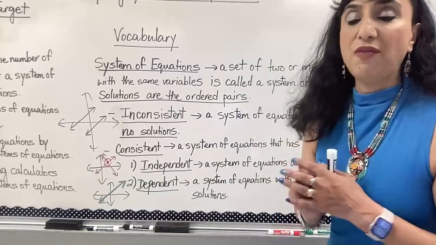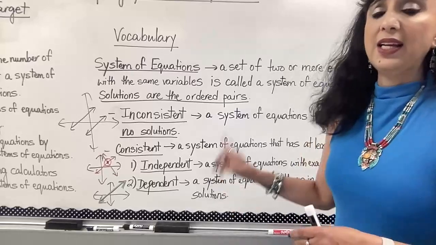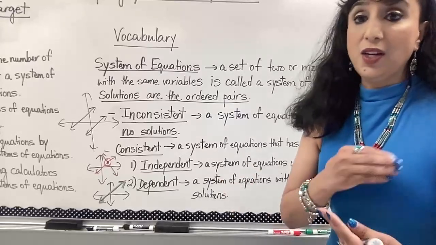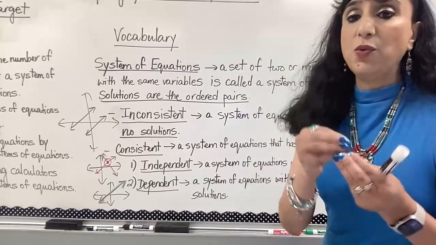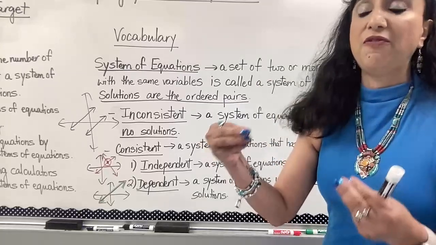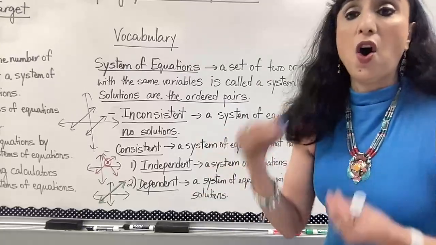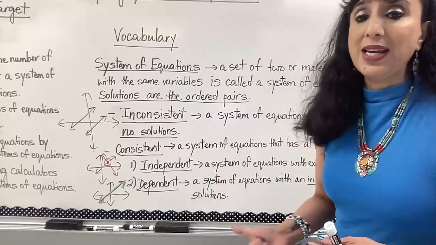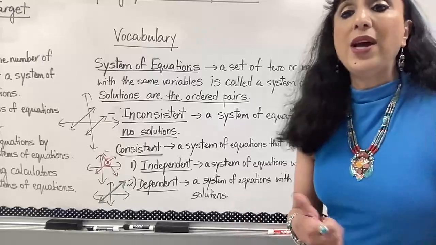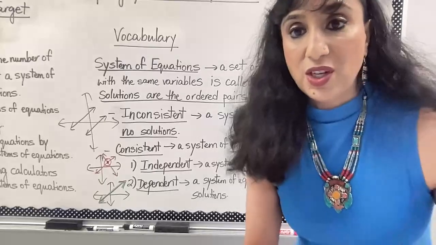And in the last one, there's a line going through the graph and another line exactly on top of the first line. They share all the ordered pairs, so it is a consistent dependent system with an infinite number of solutions.